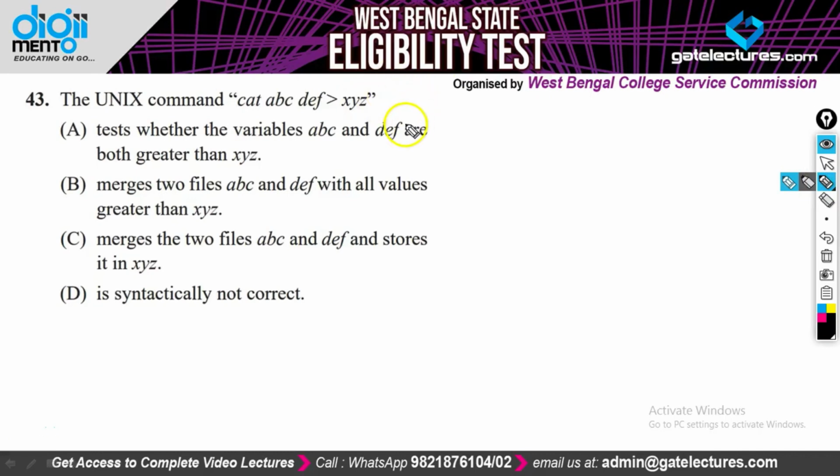So here we have a question from Unix. They are asking what the Unix command is trying to do. They are using the cat command here. The cat command is a very useful command in Unix, and it has many useful functions.